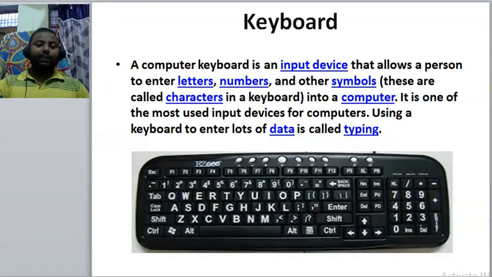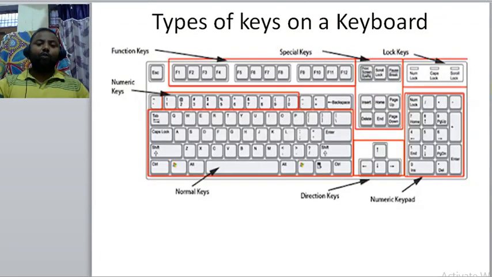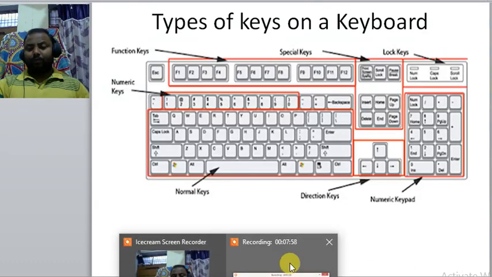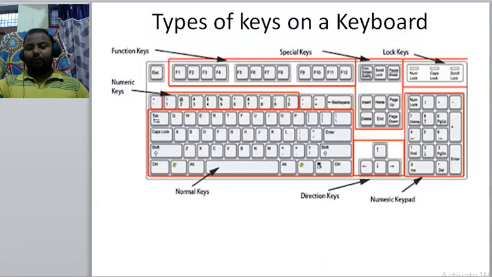Now we will see the types of keys on a keyboard. If you look here, F1, F2, F3, F4, F5, F6, F7, F8, F9, F10, F11, F12. These are known as function keys. They do special functions.